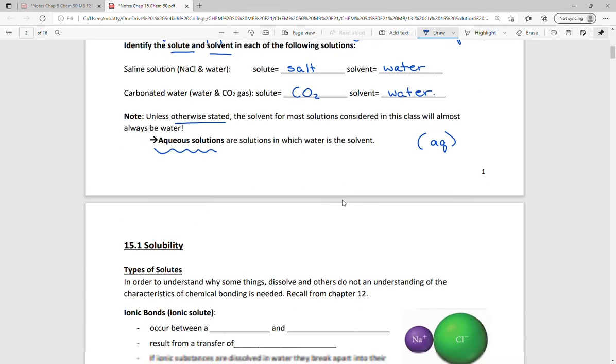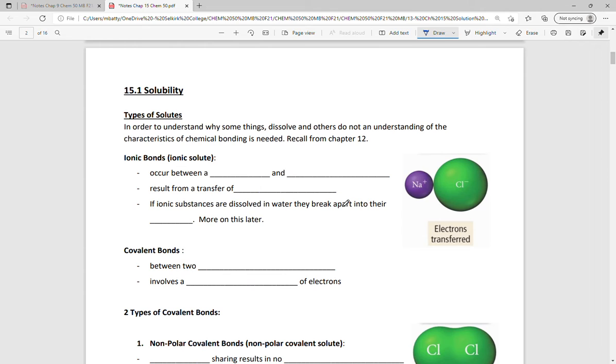Talking about why things dissolve or what governs solubility, we need to roll ourselves back to the thinking of chapter 12 and the kinds of chemical bonds, because the rule about what dissolves in what is really based on the kinds of bonds, or understanding these things on a molecular level. As a review, ionic bonds, so if we had an ionic solute, a salt or any ionic compound, occurs between a metal and a non-metal.